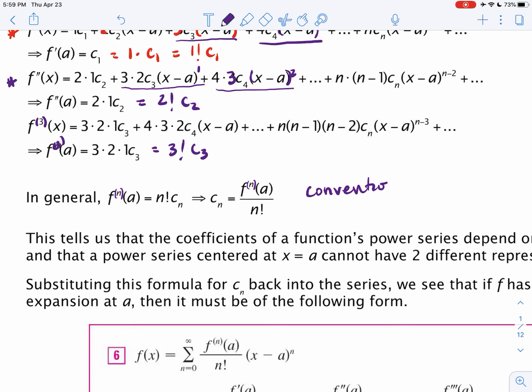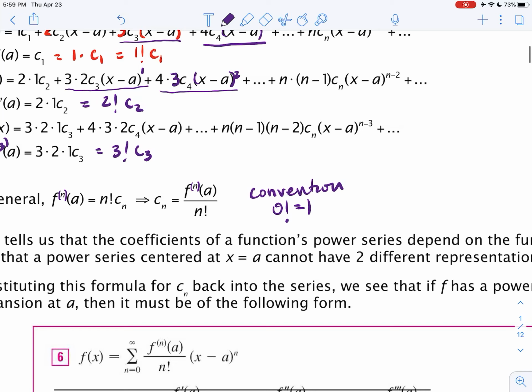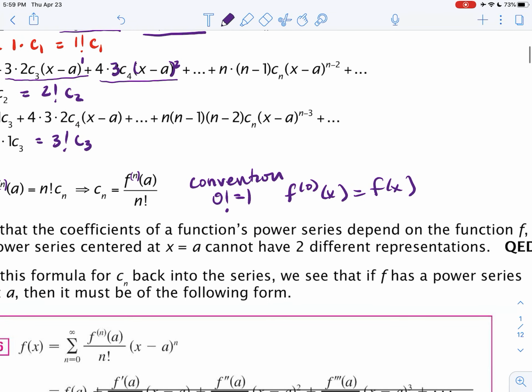And then we want to take the convention that 0 factorial is equal to 1, or we just accept that fact. We also note that the 0th derivative of f is going to be no derivative, right?